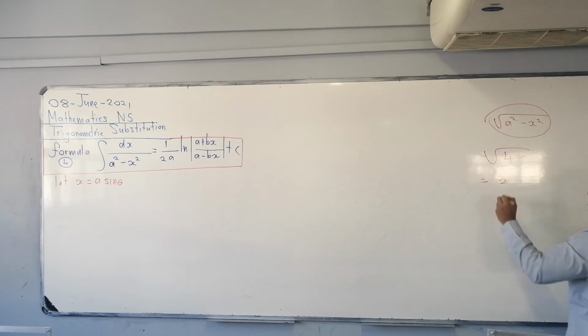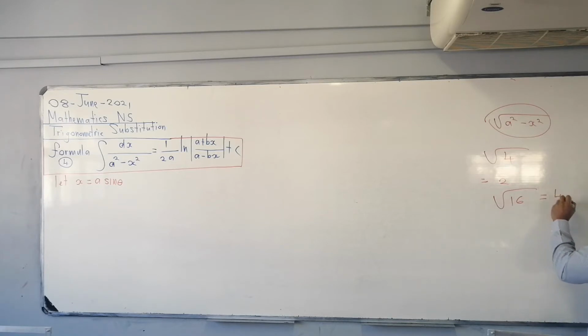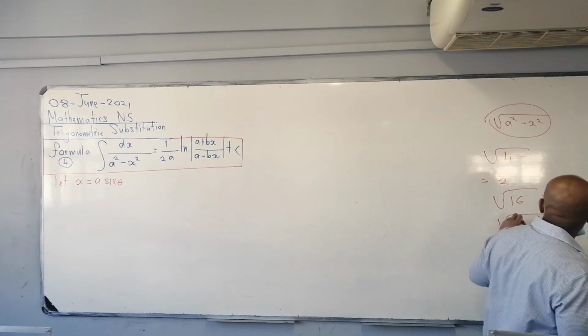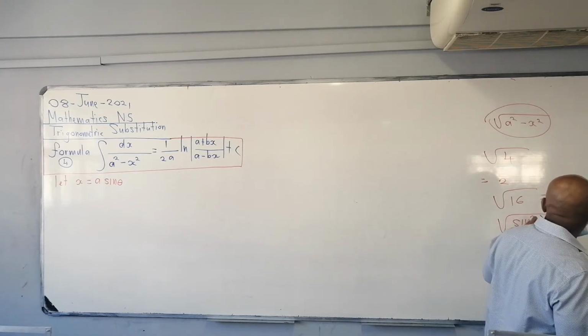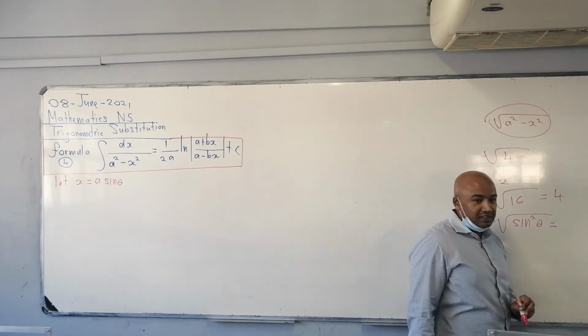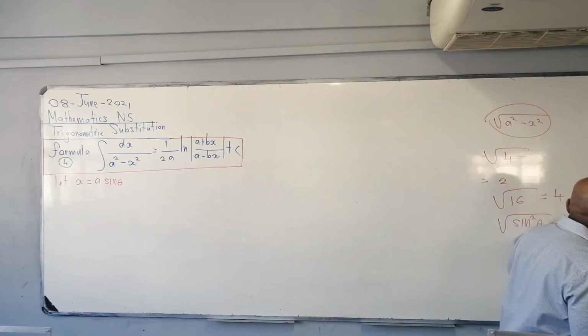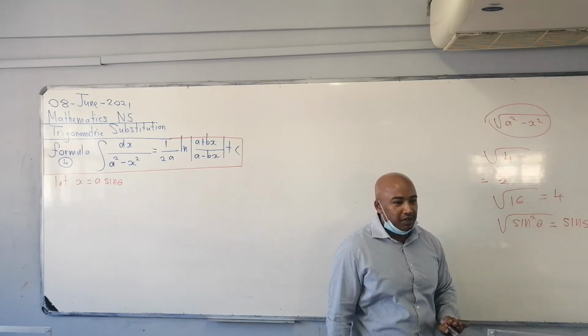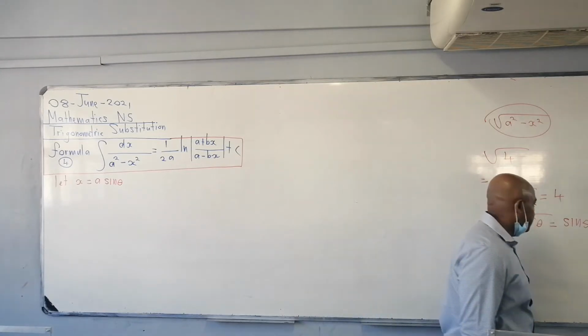The square root of 4 is 2. Maybe if I have the square root of 16, it will be 4. I'm only taking the positive. The square root of sine squared will be sine. There are actually two possibilities, and I'm just taking the positive here.